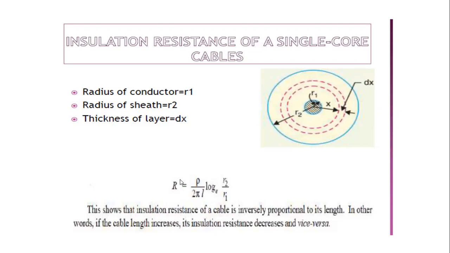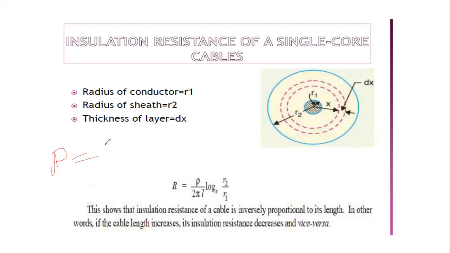Next, what is the formula for the insulation resistance of the cable? R is equal to rho by 2 pi L, where rho is the specific resistance.